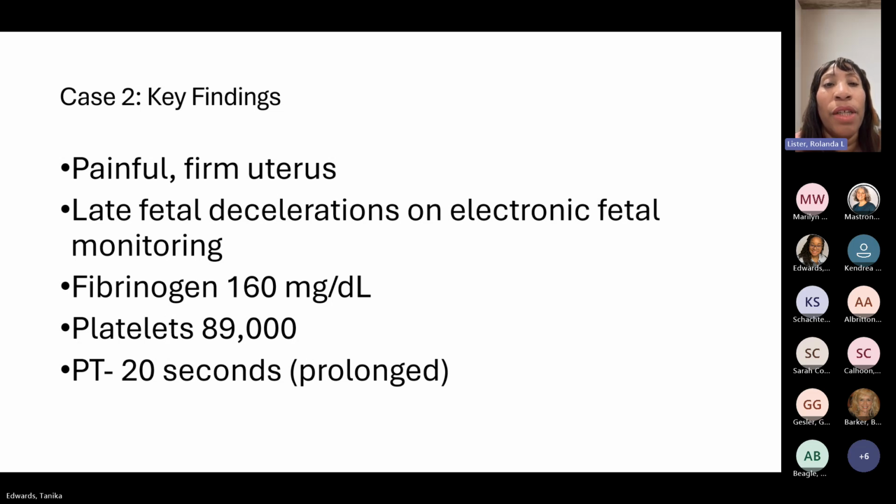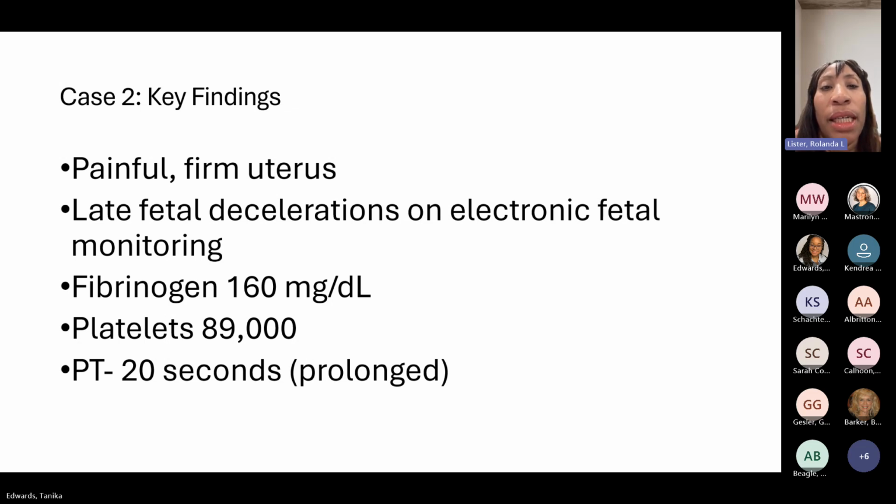You may see late fetal decelerations on the fetal heart tracing, and that indicates uteroplacental insufficiency. Fibrinogen normally, outside of pregnancy, may not be as alarming, but within pregnancy the fibrinogen generally is well over 200 milligrams per deciliter.